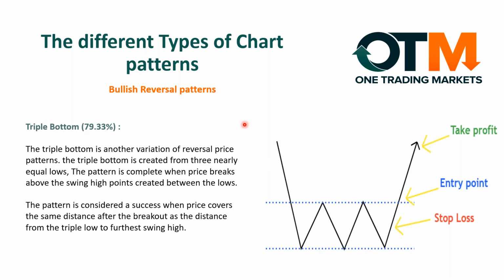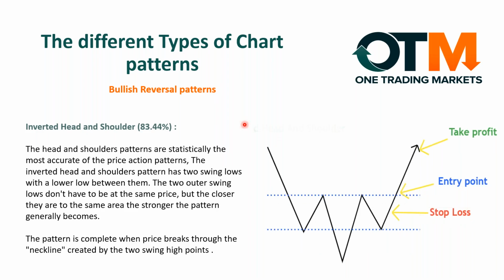Now let's look at the next bullish reversal pattern: inverted head and shoulders. I know this is a lot of information right now, but at the end, when we see how it actually works on real charts in real time, you'll see how easy it is to notice.